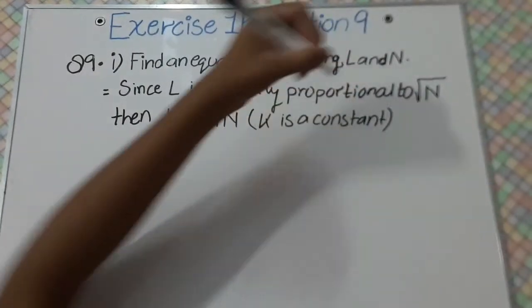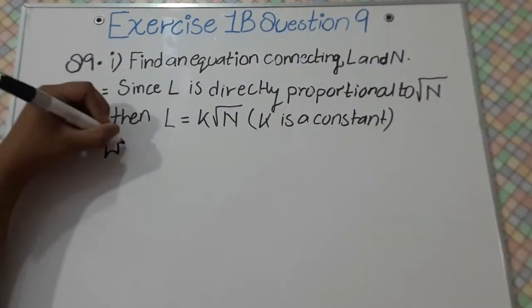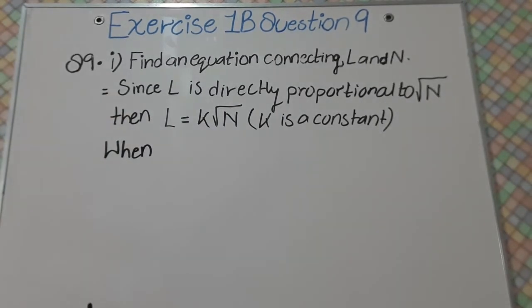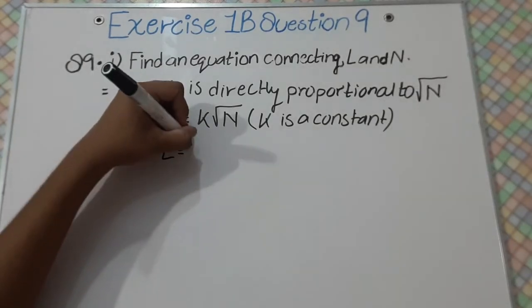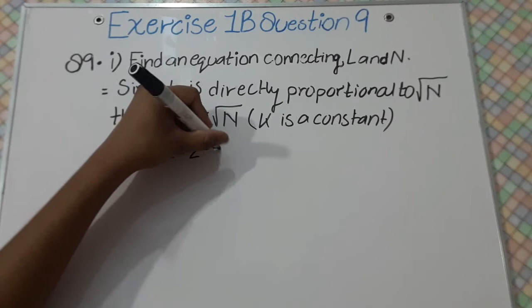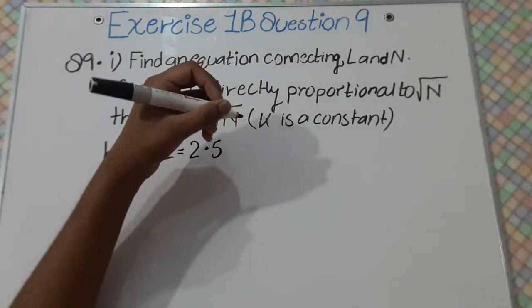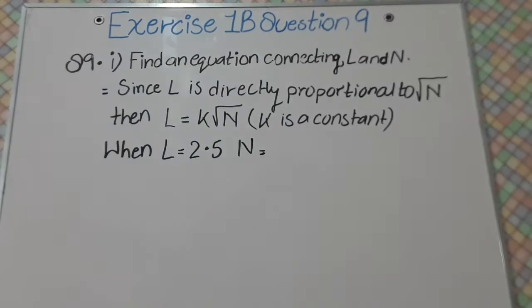Now first we are going to write the values. When the value of L is given 2.5 and the value for n is 1, because it says 1 hour after an earthworm's birth.